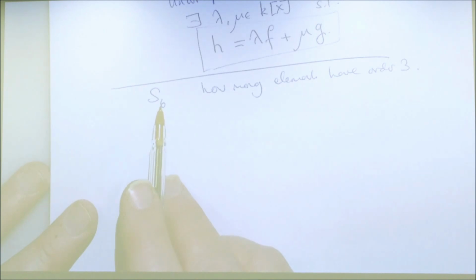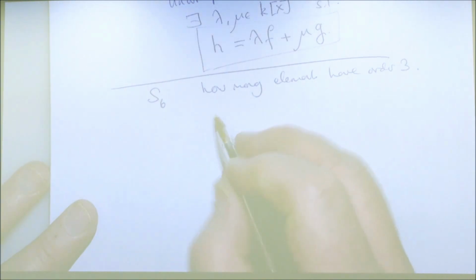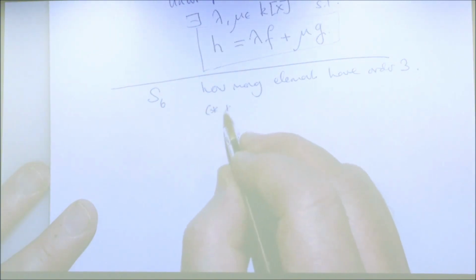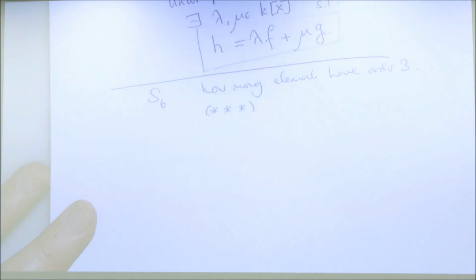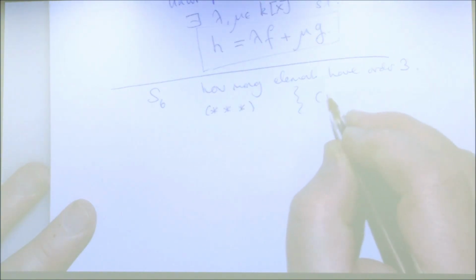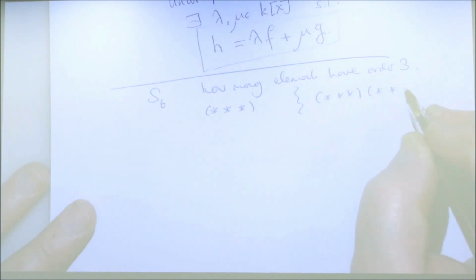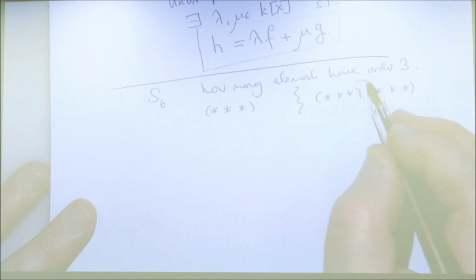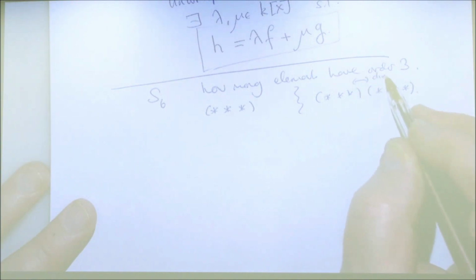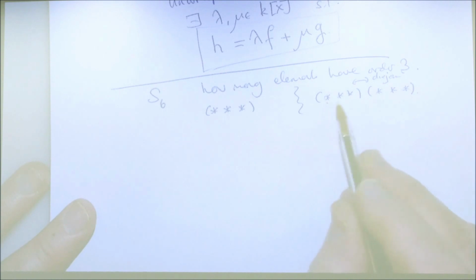Elements of order 3 inside S6 have got 2 choices in life. Either they're going to be a 3 cycle, or they're going to be a product of 2 3 cycles with nothing in common. The word for that is disjoint. That's to say, the elements listed in this cycle are different from the elements listed in that cycle.